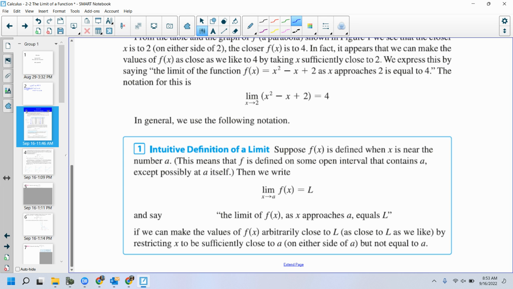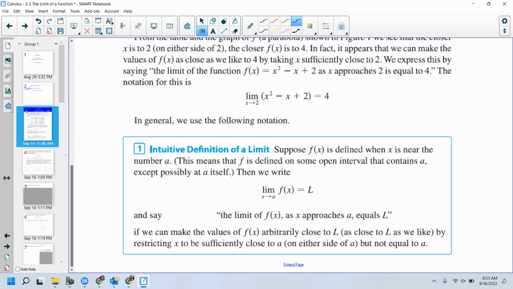So here's our intuitive definition. This is how we are going to define a limit. First of all, f of x needs to be defined when x is near the number a. And that's actually an important statement, and you have to kind of analyze it to think about the importance. f of x needs to be defined only near a.